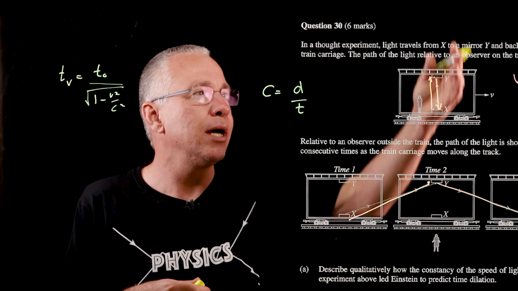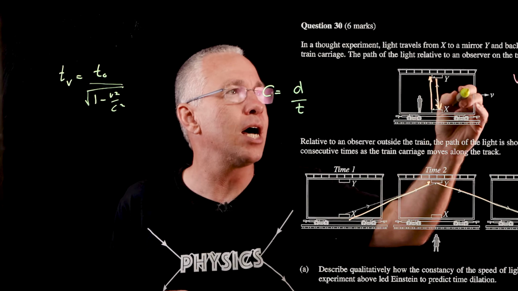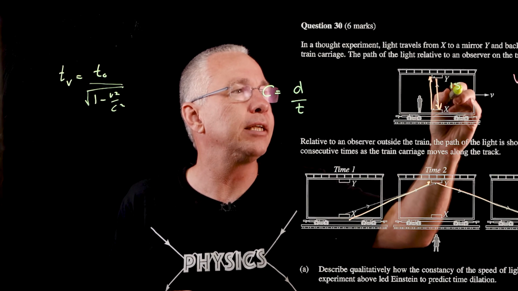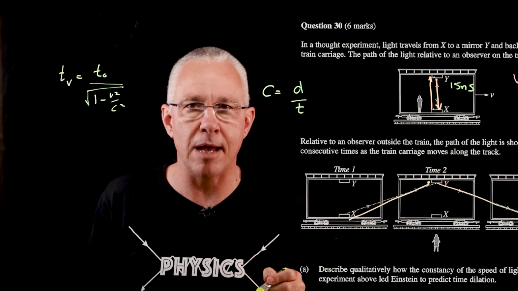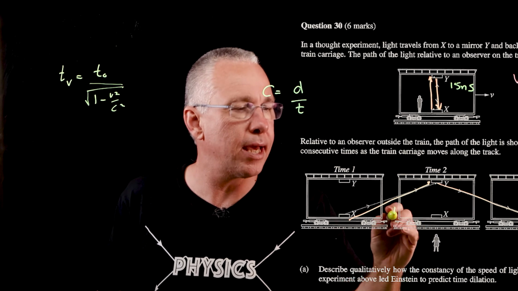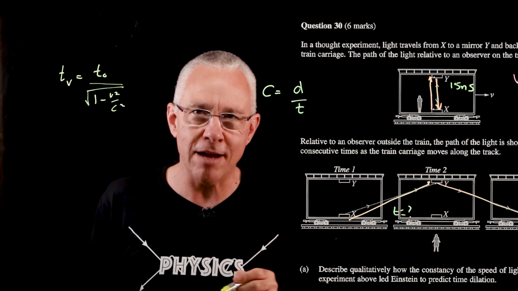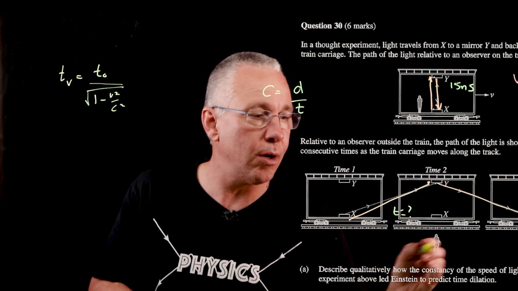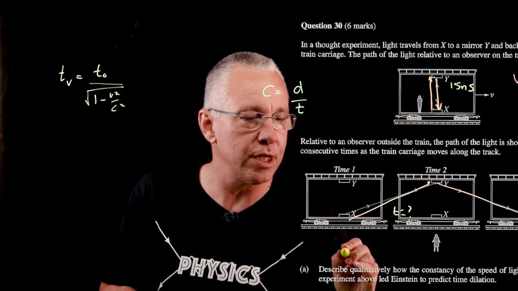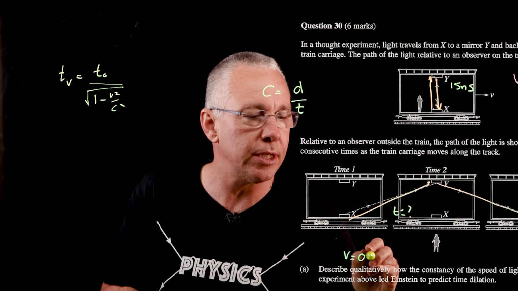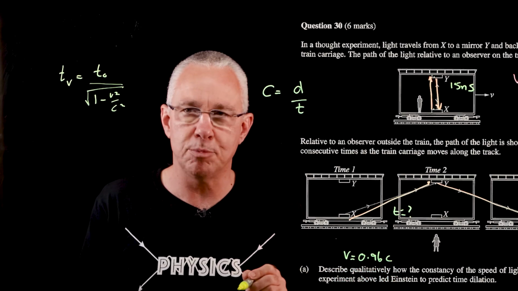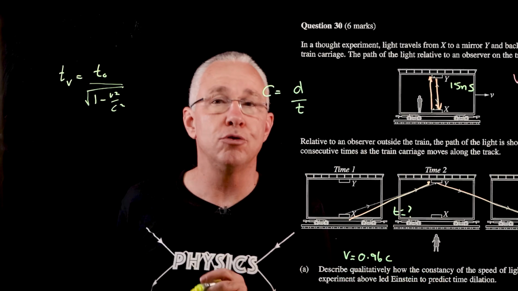It says, okay, let's say they measured this time here at 15 nanoseconds in their frame of reference. What's the time that they measure in that frame of reference? Well, the only thing we need now is the velocity, and we're given that the velocity is 0.96 times the speed of light. So we just substitute that over here.